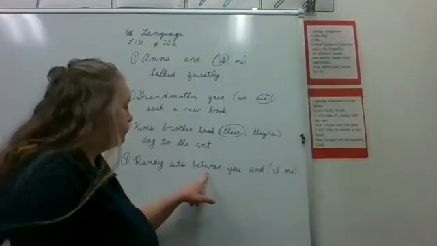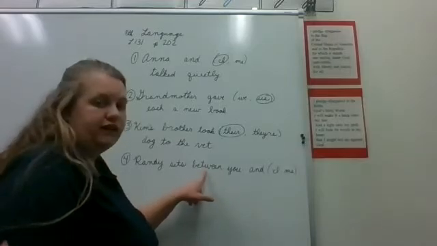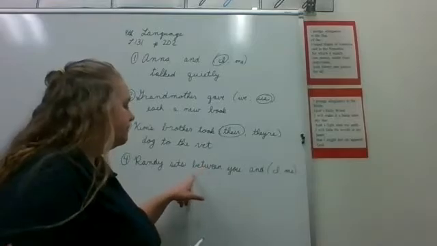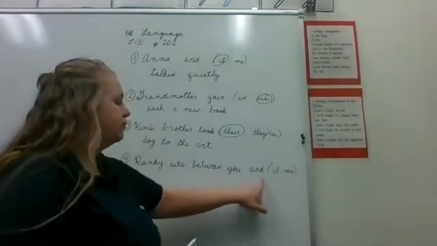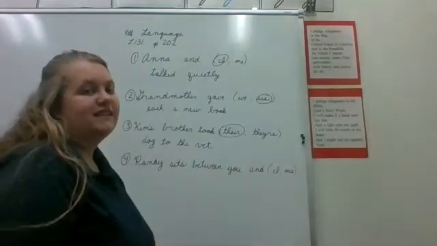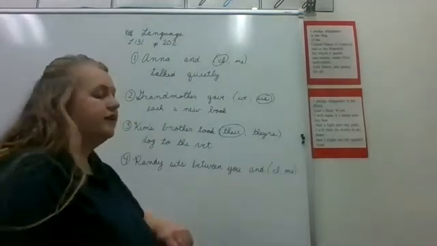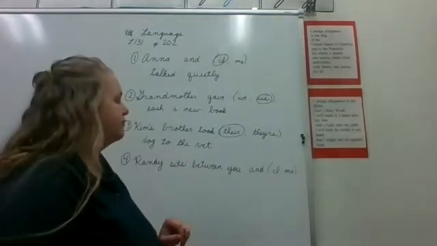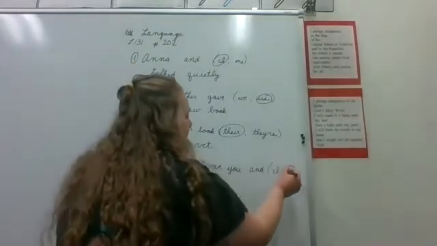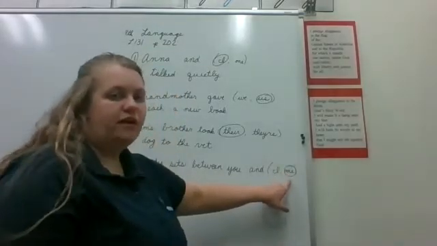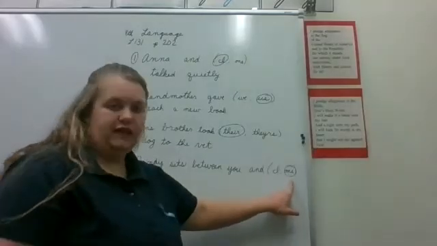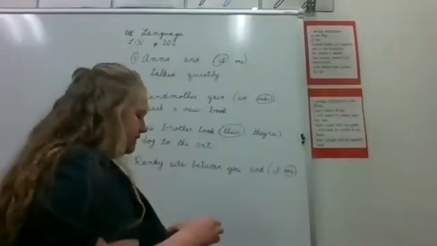The 6th graders are learning this, and we've started a little bit with the 4th graders. This is a preposition, and so a preposition means that these two words back here, you and I or me, is the object of the preposition. So if we need an object, which one do we use? I or me? It would be me, okay? Me is our objective case pronoun, so Randy sits between you and me would be the correct way to say that.